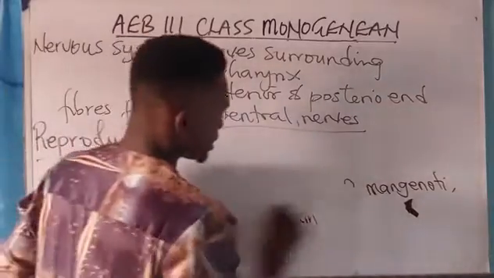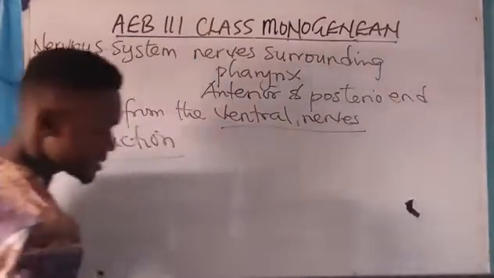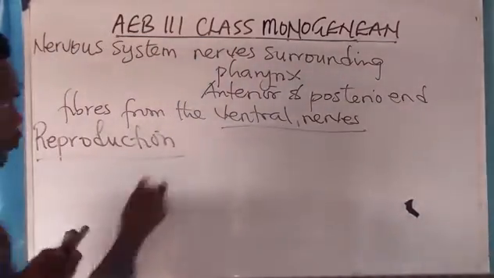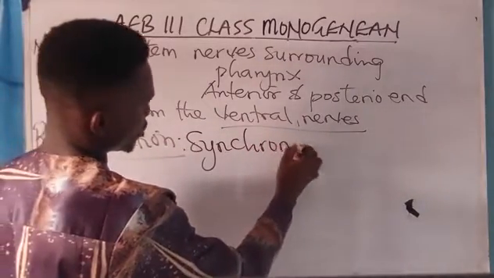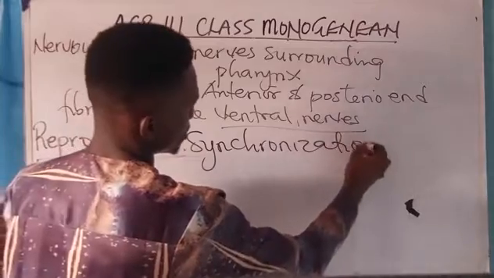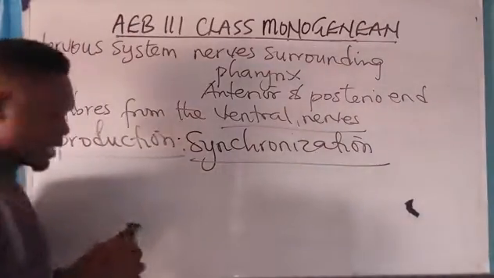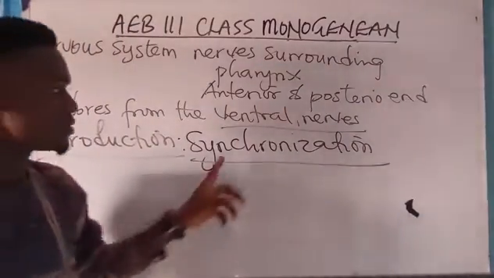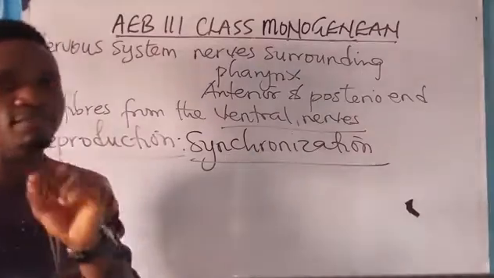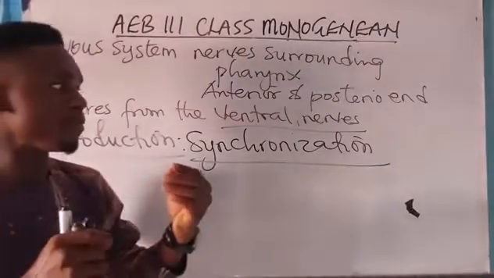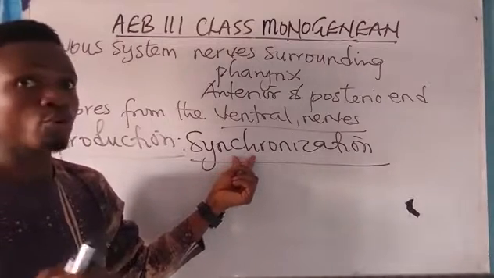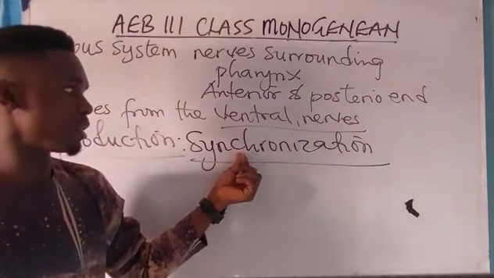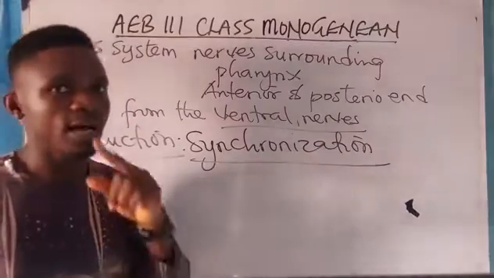Good. The monogeneans exhibit a striking feature called synchronization. The monogeneans exhibit a process called what? Synchronization, which is a phenomenon characterized by the growth of the parasite and host at the same time.